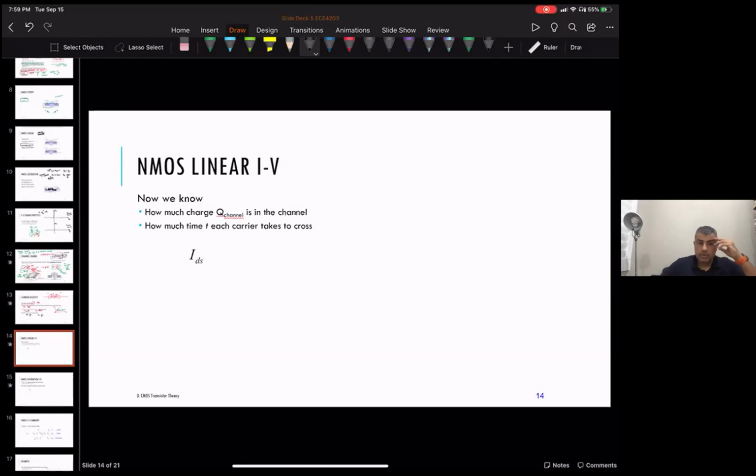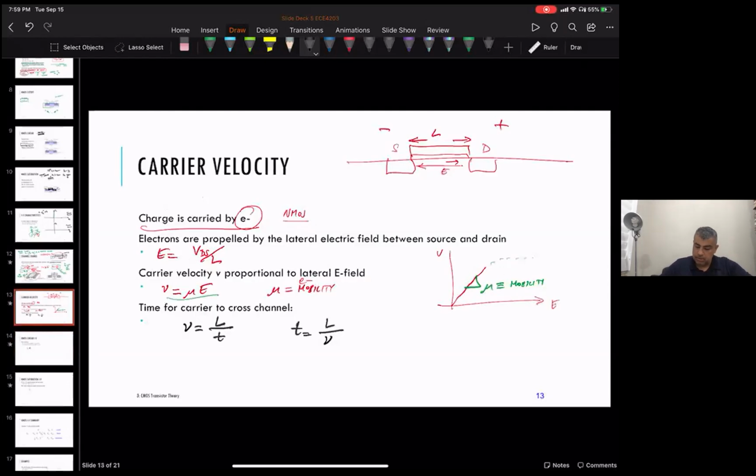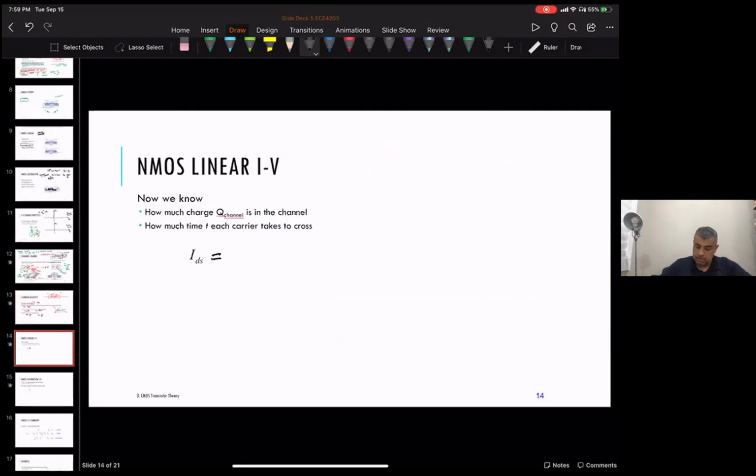Going back to this, the current is the charge in the channel divided by the time for the charge to get across the channel.